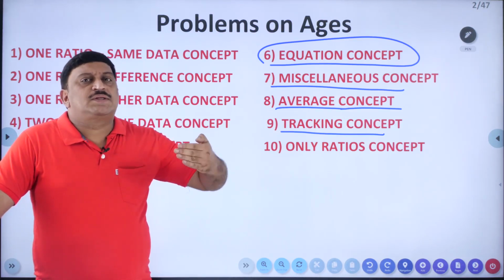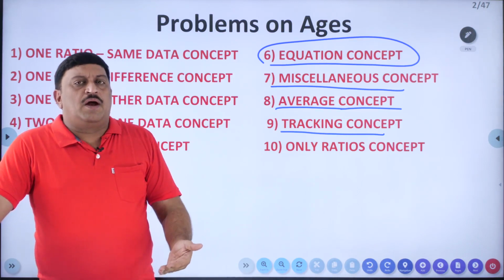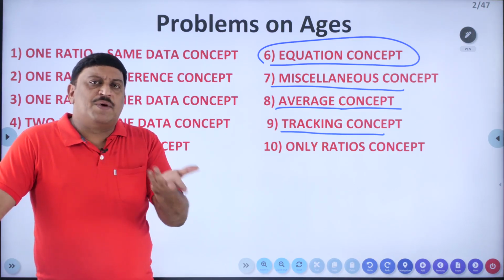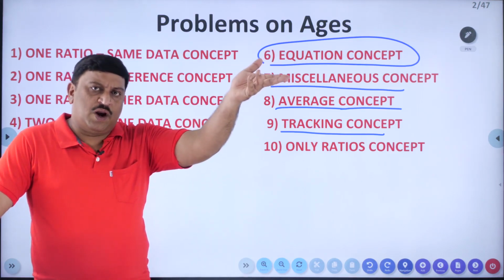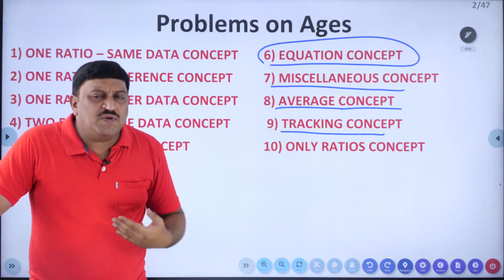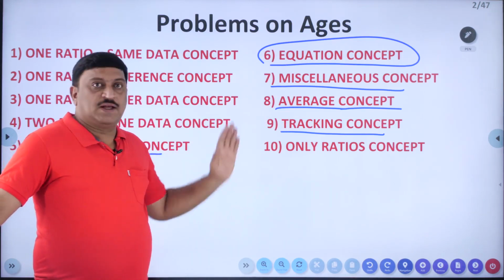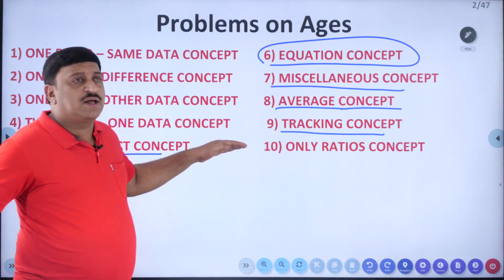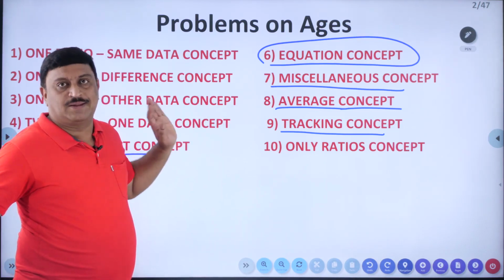Or three persons, grandfather, father and the son. He will double this one, he will be 3 years older, like that we have to track each and everything. We can't go with equations, but we have to track that. Equations we will do, but instead of that we will do tracking.